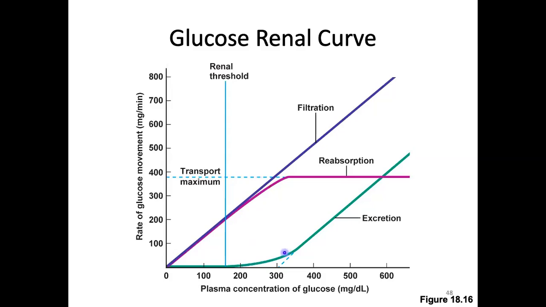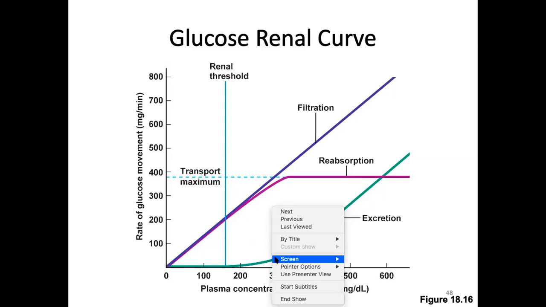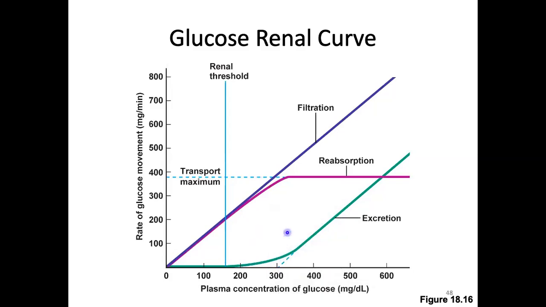Notice that if somebody has a blood glucose level of 300, which is not normal, they have plateaued in reabsorption and they're now peeing out whatever glucose is extra. My father has diabetes mellitus, and his blood sugar before he was diagnosed was around 600.